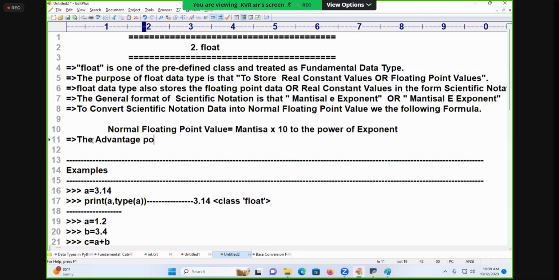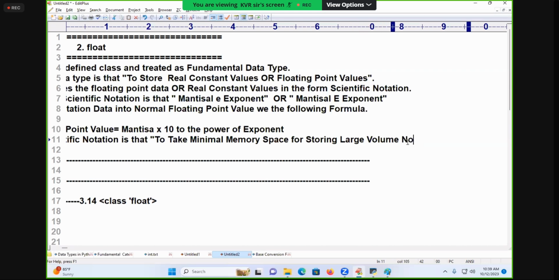The advantage of scientific notation is that it takes minimal memory space for storing large volume of normal floating point values.